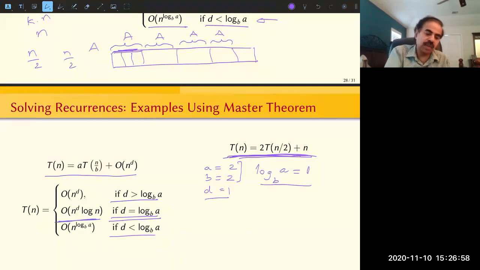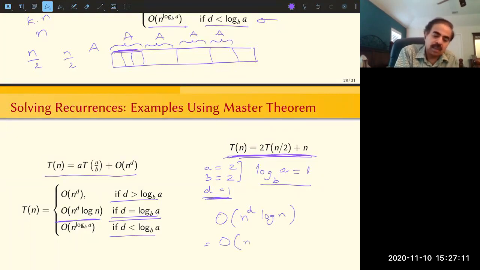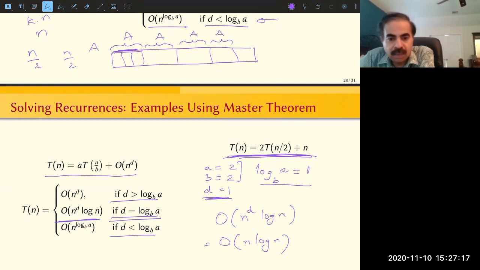So the solution is O of n to the power D log n, and D equals 1, so this is basically O of n log n. Most sorting algorithms have this complexity, so they grow somewhat faster than linear with the input.